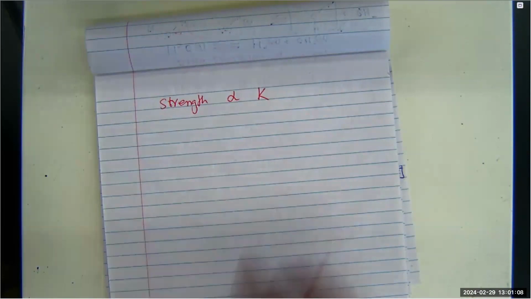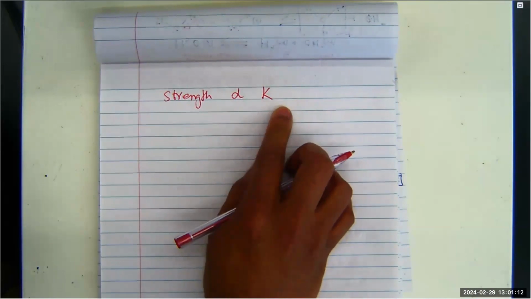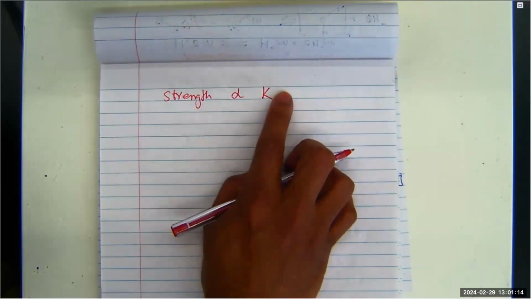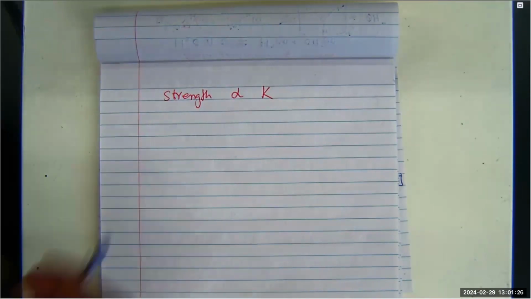It can be Ka if it is an acid, or Kb if it's a base. But whatever the case, the higher the K value, the stronger the species is. Strength is directly proportional to the K value. That's the only information we need. That's very simple. Keep this in mind.